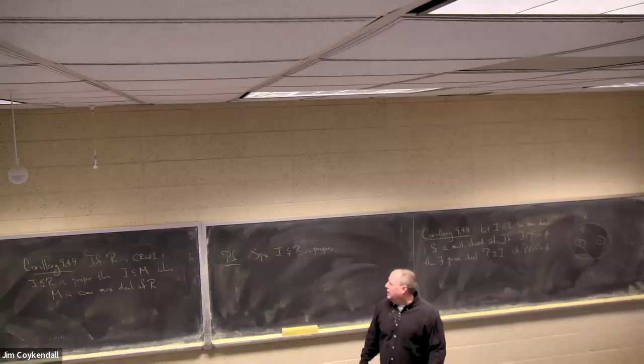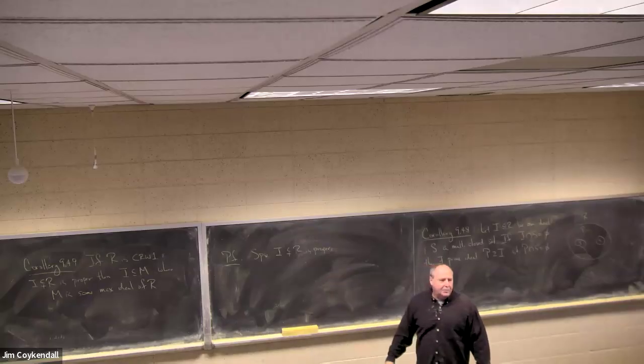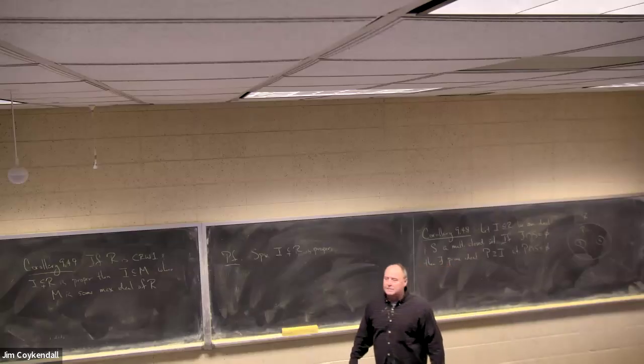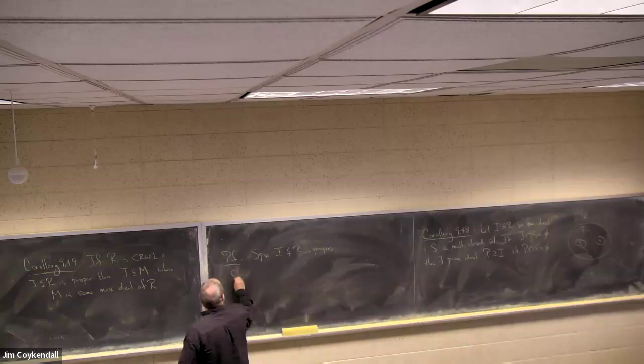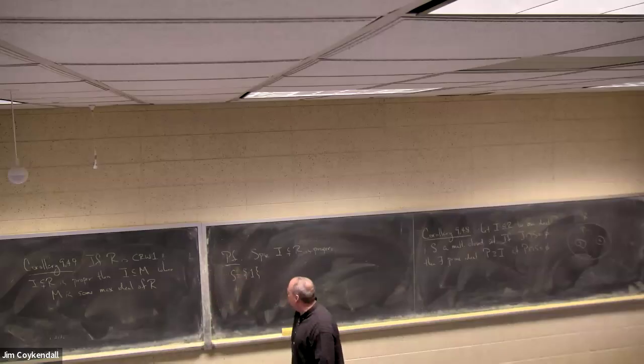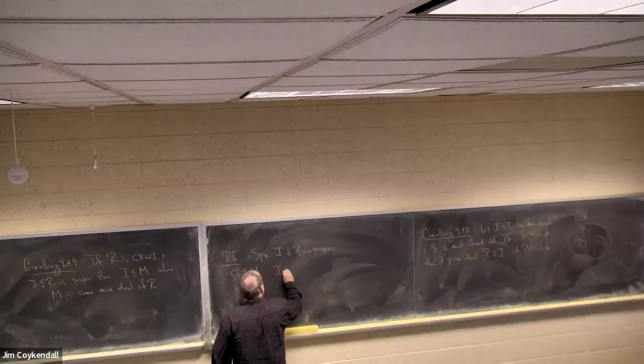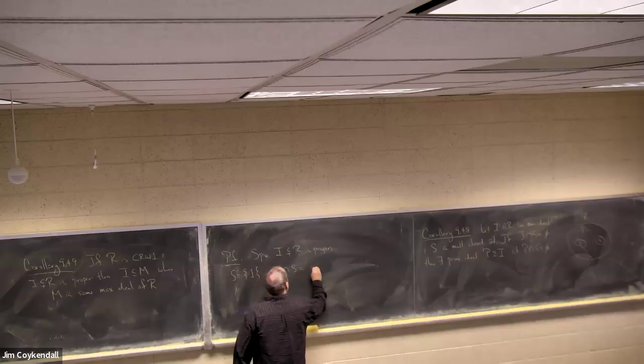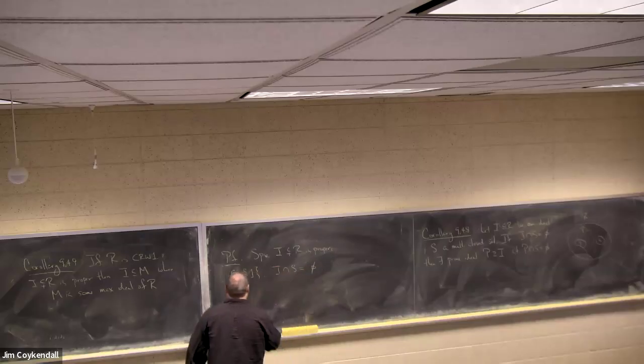Somebody tell me a multiplicative set that I has to miss for sure. It cannot contain the identity one. Okay, so here's my set, S equals the set containing 1. Notice I intersect S is empty.